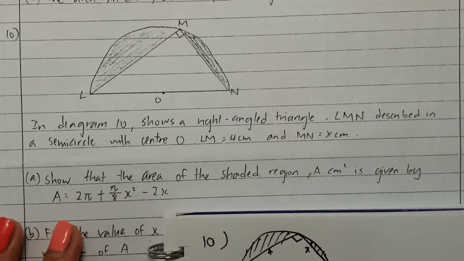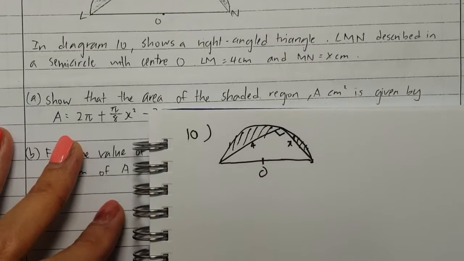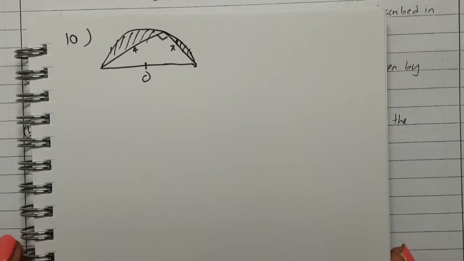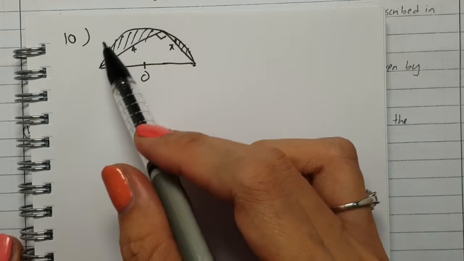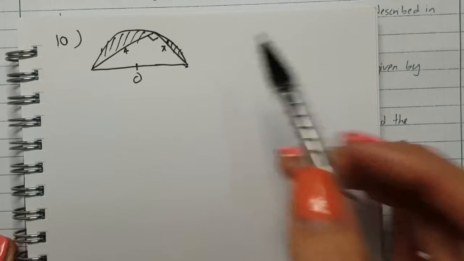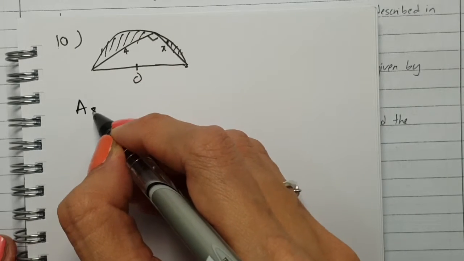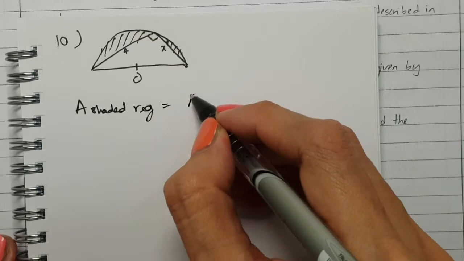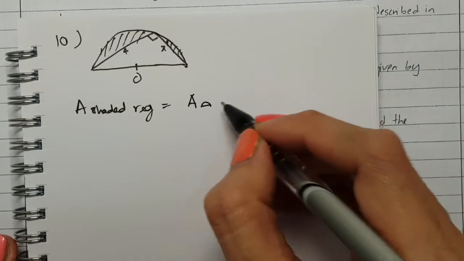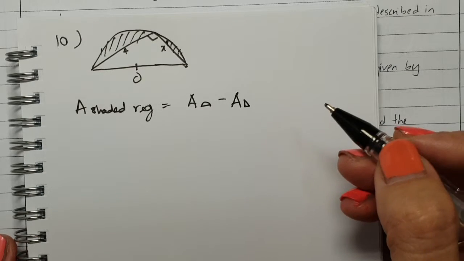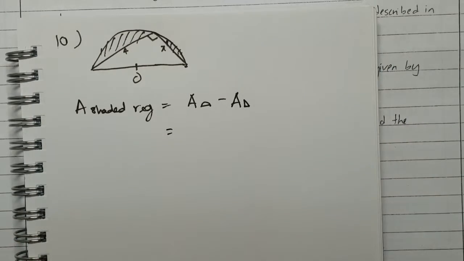How do we find the area of the shaded region in the first place? Isn't it we take the area of the semicircle minus the area of the right angle triangle? So area of the shaded region is equivalent to the area of the semicircle minus area of the right angle triangle.